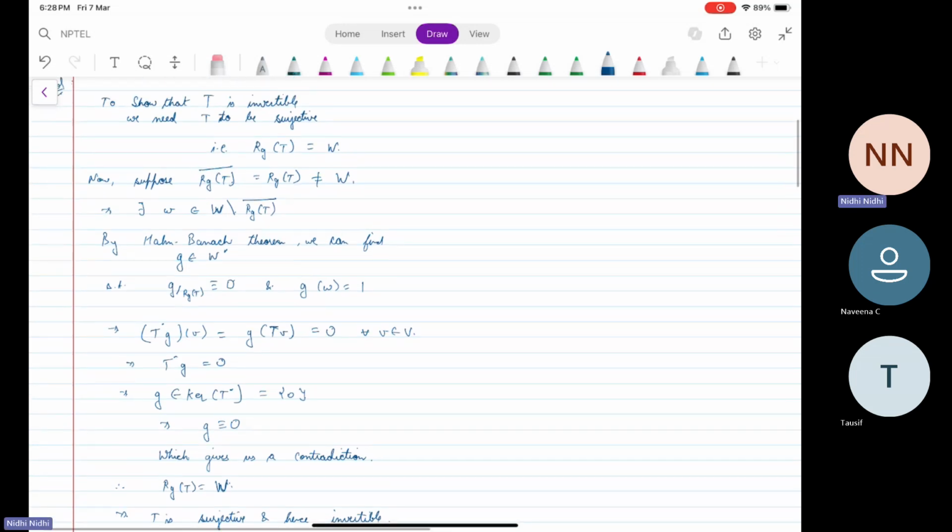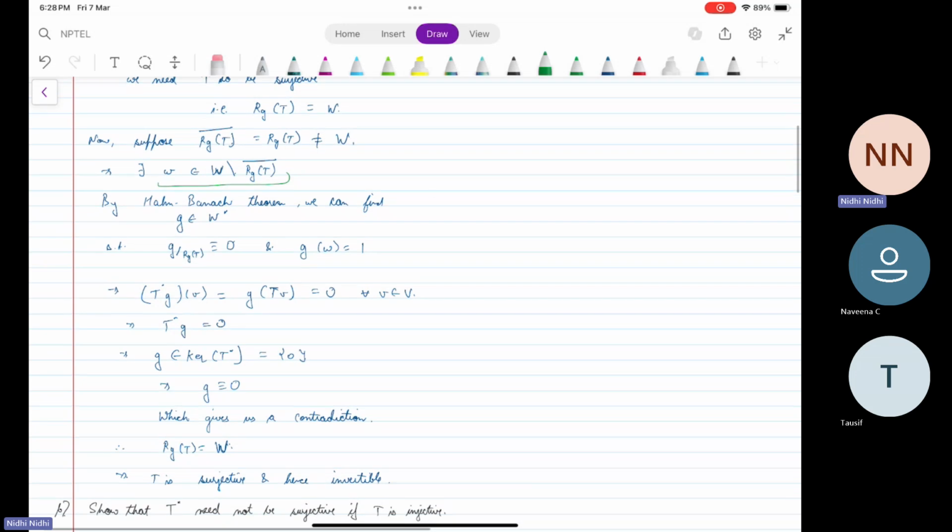Yeah, here also we started with some w in W minus range T closure, and eventually we proved that this g should be trivially 0, because kernel T star was singleton 0.